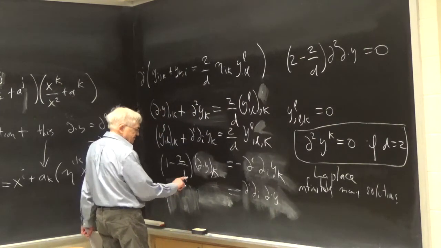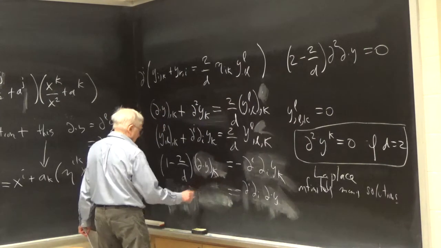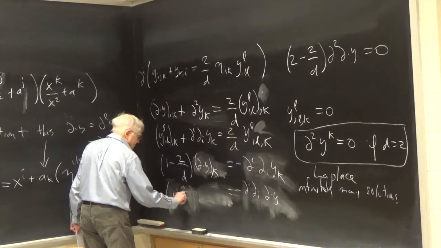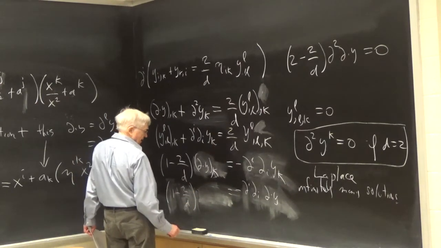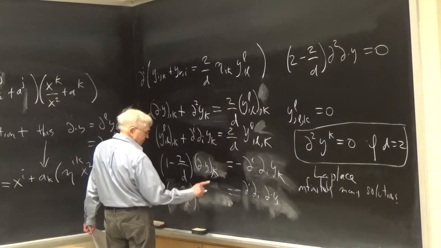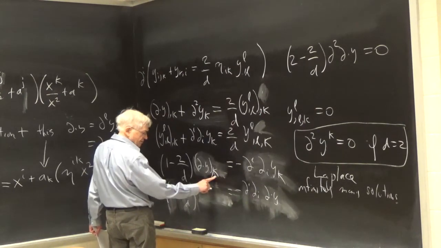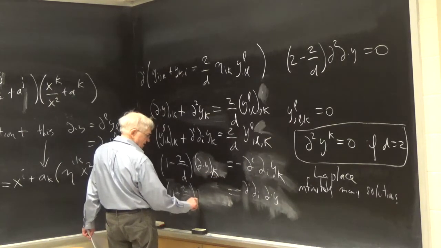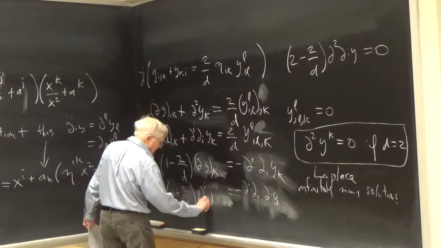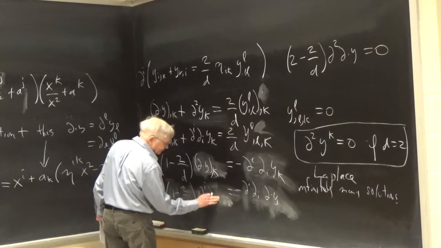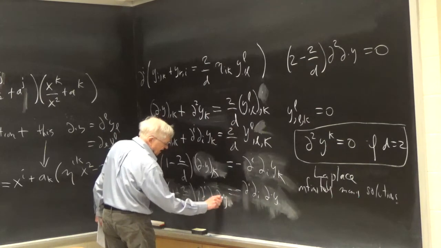And if you differentiate again with respect to k here, you get 1 minus 2 over d times del_i del dot y.